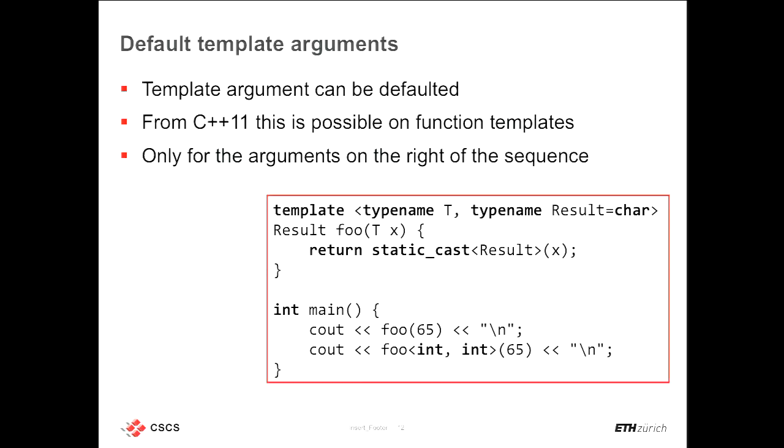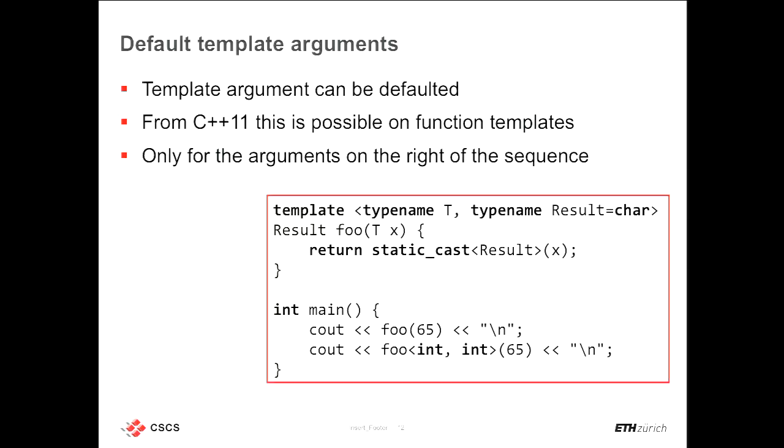For instance, in this case, we have function foo(65), which by default returns a char. So foo of 65 will instantiate T as an integer. The result type is a char, and you have to static cast the result, and this will print the capital A, which is the ASCII code of 65. But foo<int> will print 65.